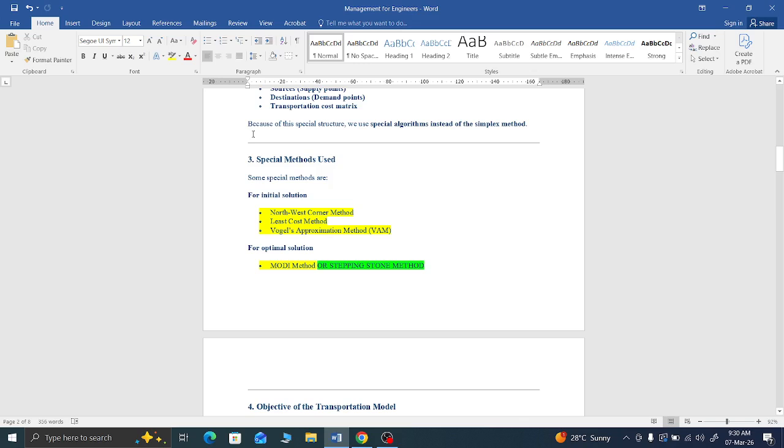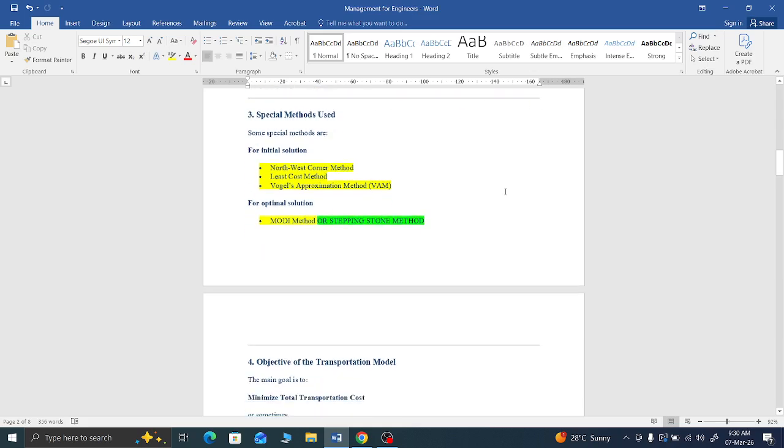Maybe this is difficult to understand, but when I go through the questions, for example in example one, you will get a clear idea, right? Because of this special structure, we use a special algorithm instead of the simplex method.